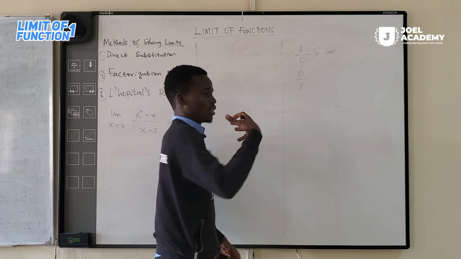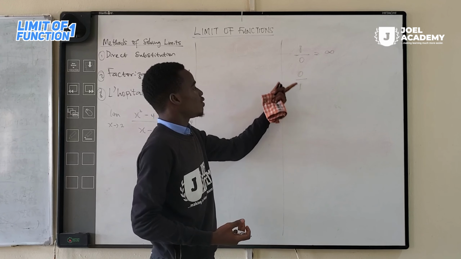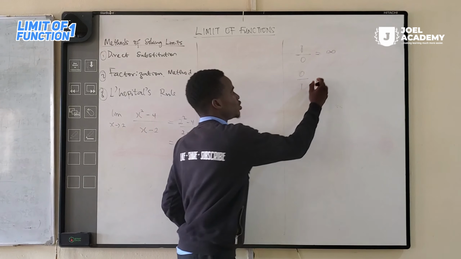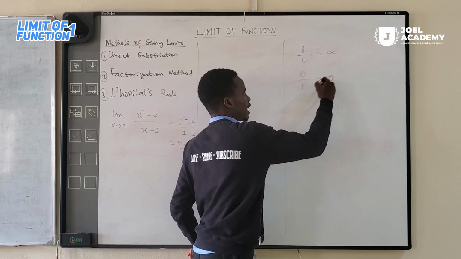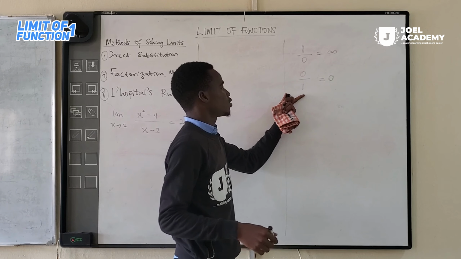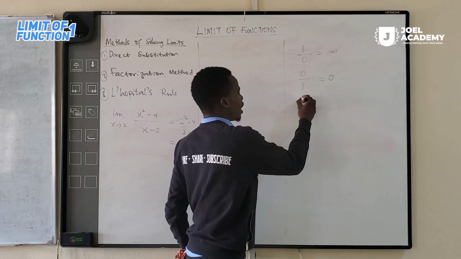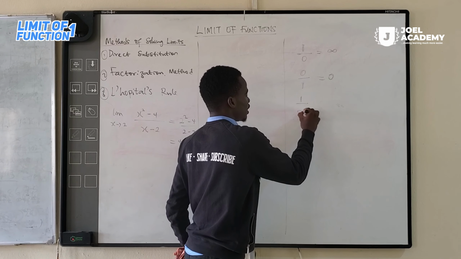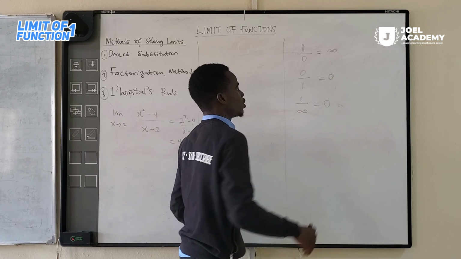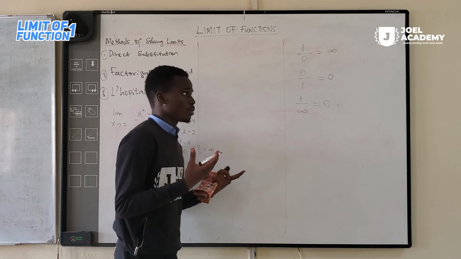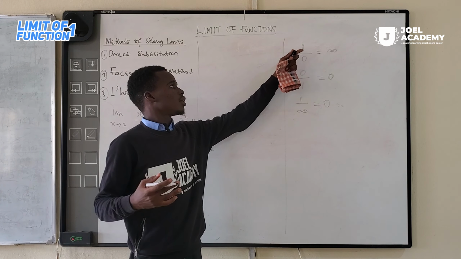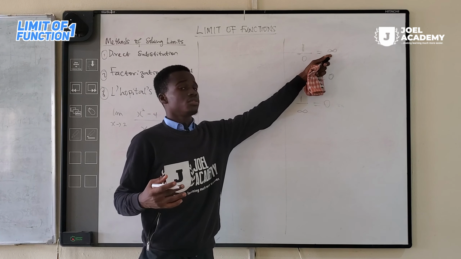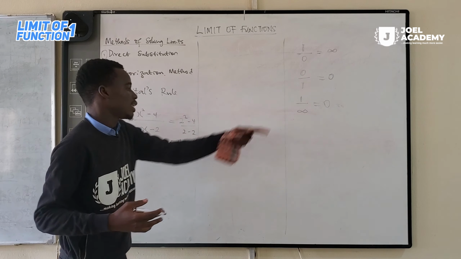I'm just using one as a representative. 0 over any finite number is going to give you 0. Is that clear? Then 1 over infinity is also going to give you 0. So these are things you need to put at the back of your mind. Any finite number, example 1 over 0, is going to give you what? Infinity.